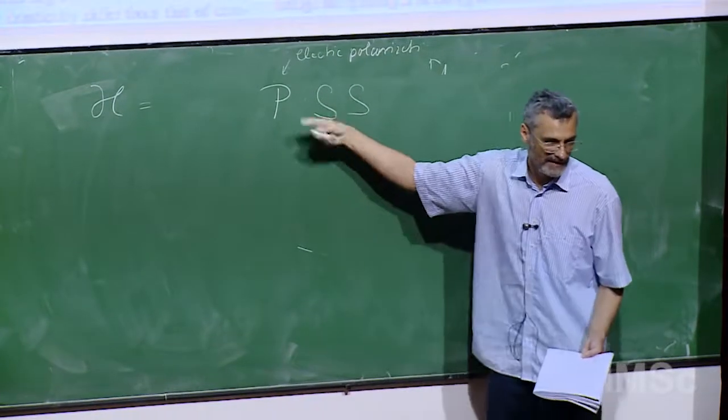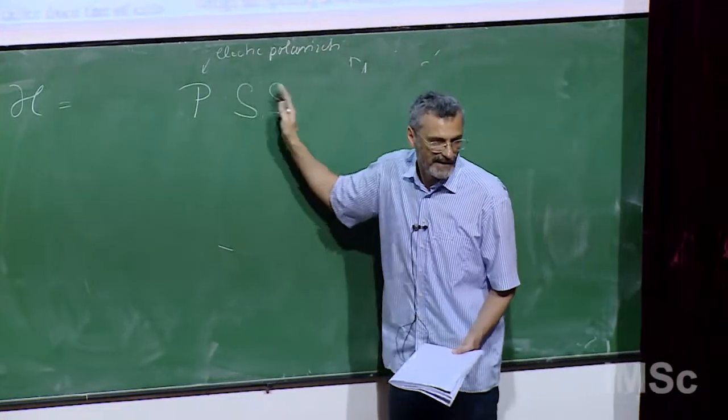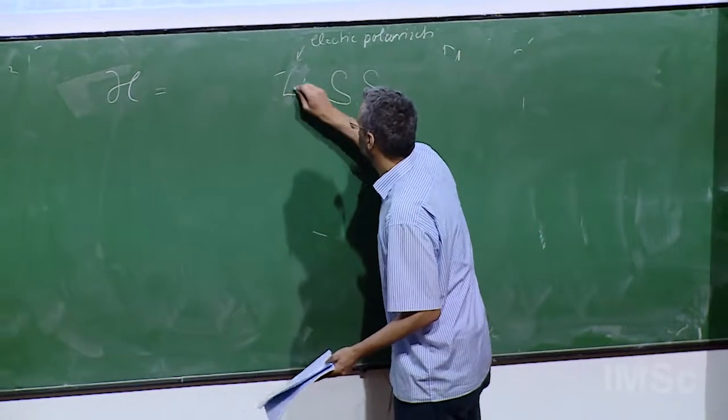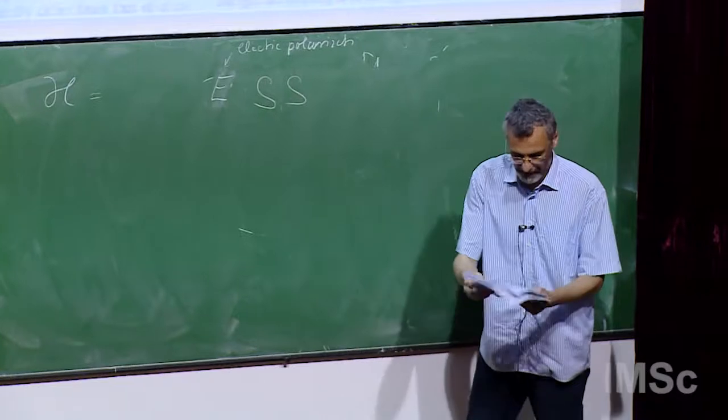That couples to electric field, or we can couple this directly to electric field if you wish. Let's do it that way. So this is electric field, so that it's easier.